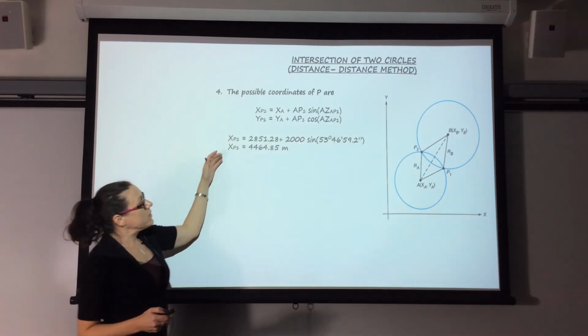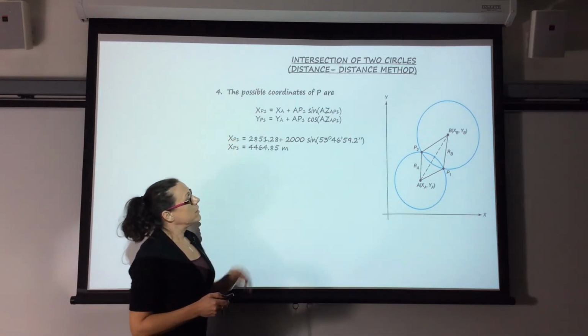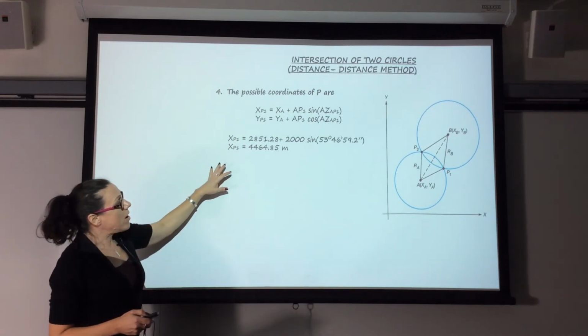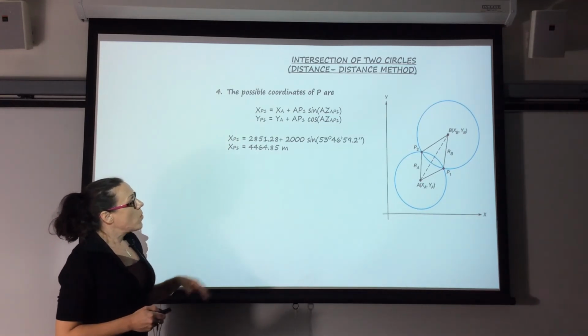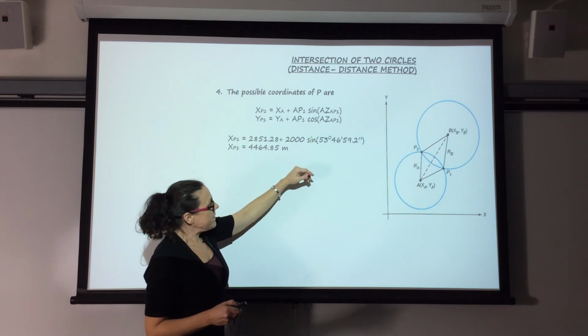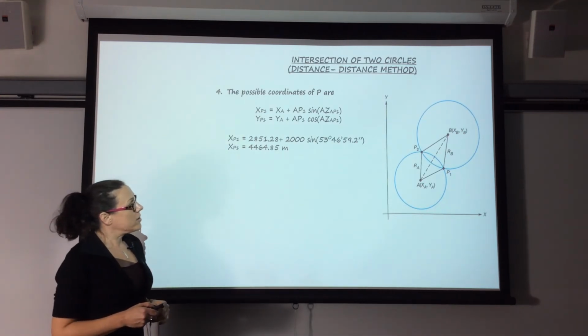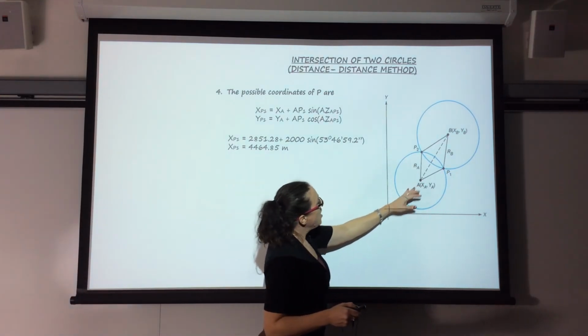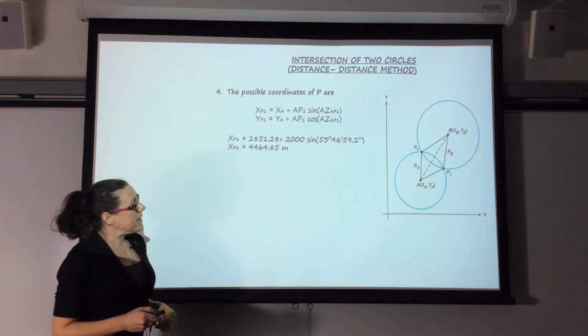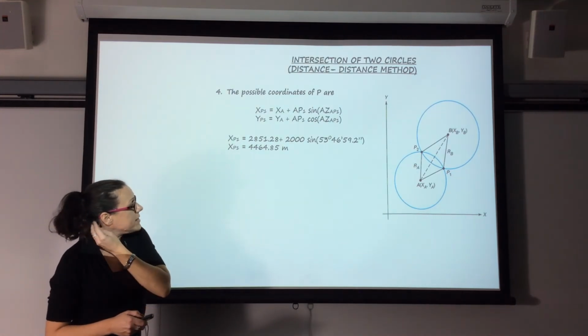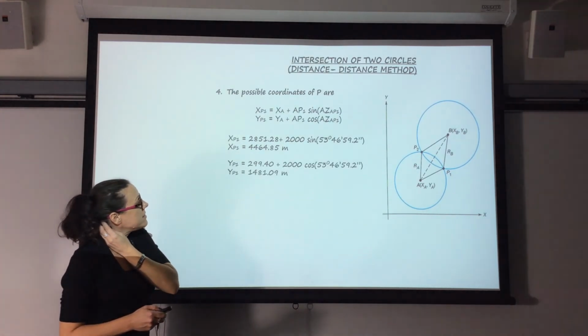So if we look at our departures and latitudes, we can figure out using the 53 degrees when we added the values. Our azimuth A to P1 is 53 degrees, 46 minutes, and 49 seconds.